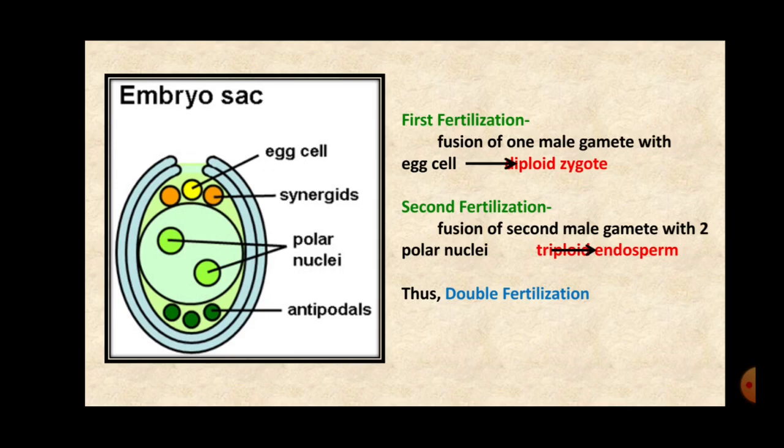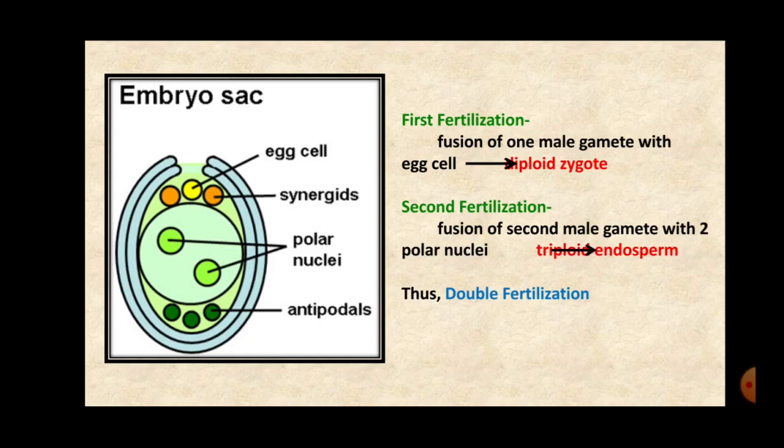And this endosperm plays a very important role in the growth of the seed. This endosperm provides nutrition to the embryo which is formed inside the ovule. This is called double fertilization. I hope you have understood.